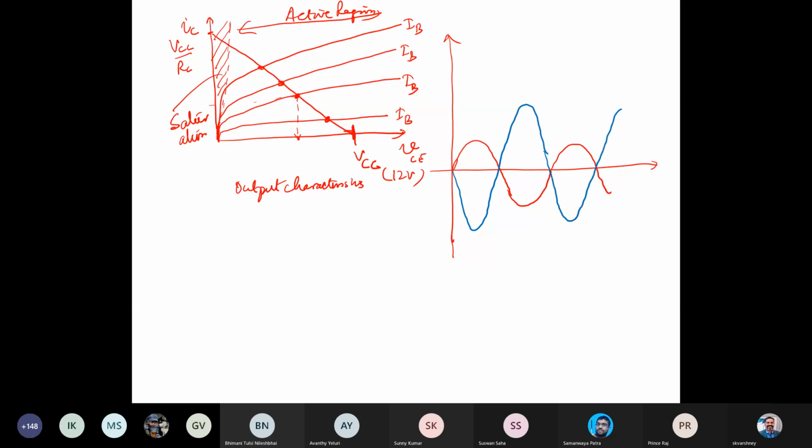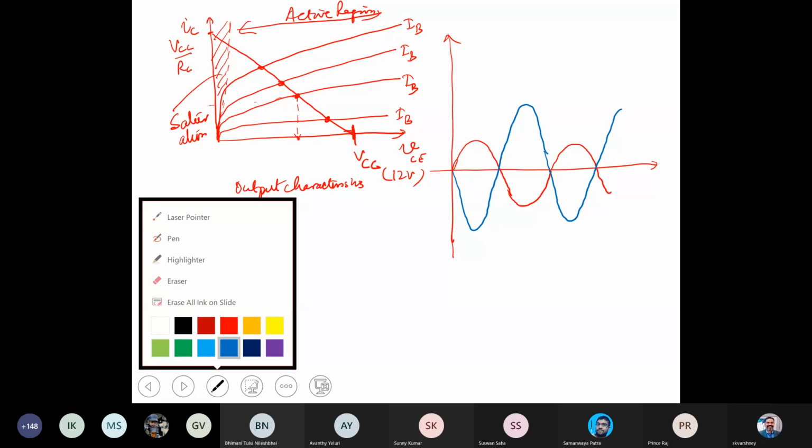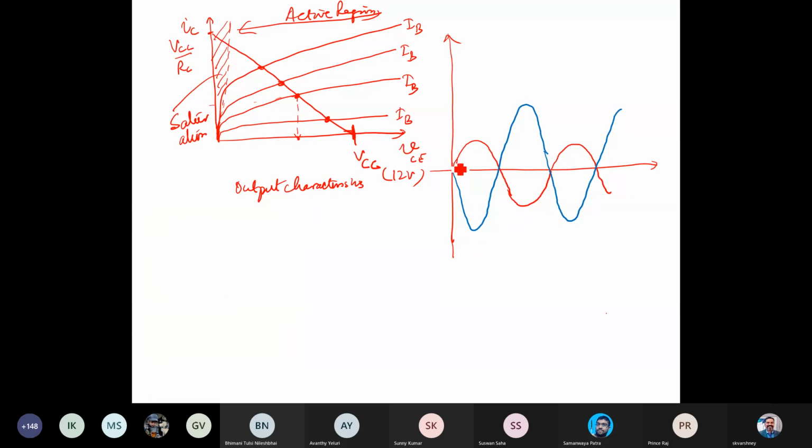As you keep on changing the input amplitude, let's say up a little bit, let's keep on increasing it. I'm just drawing all three curves.